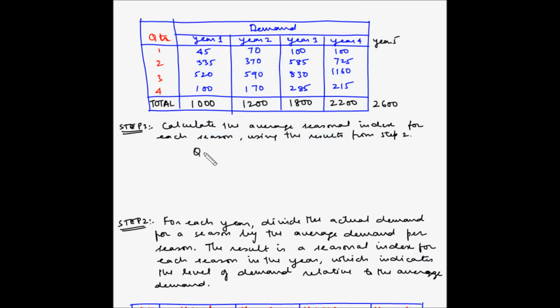So for Q1 the seasonality index is 0.2, and similarly as we calculate we'll find that for Q2 it is 1.3, for Q3 it is 2.0, and Q4 it is 0.5. So this is the average seasonality index which we'll be using to forecast the quarterly demand for the 5th year. So now let's move to step number 4.